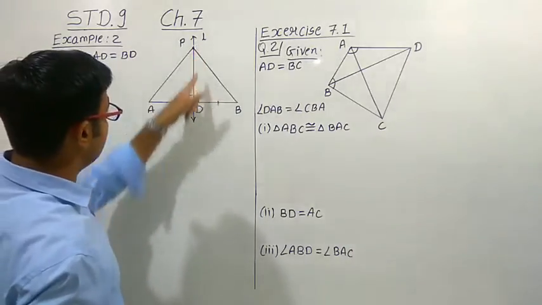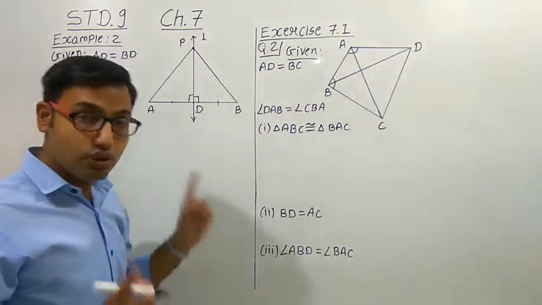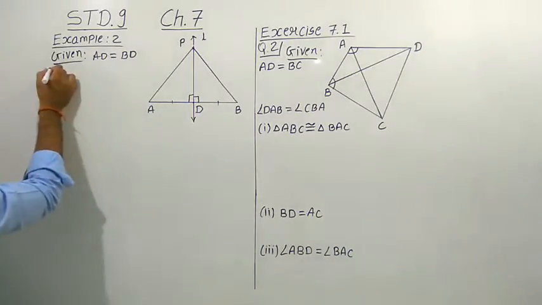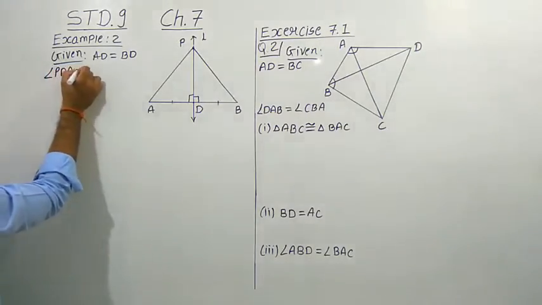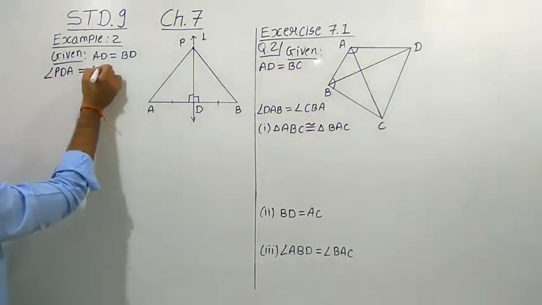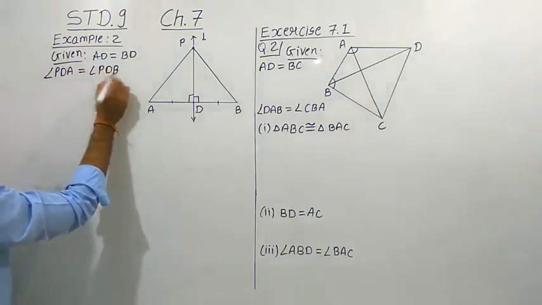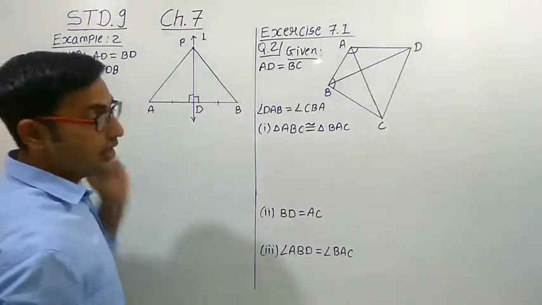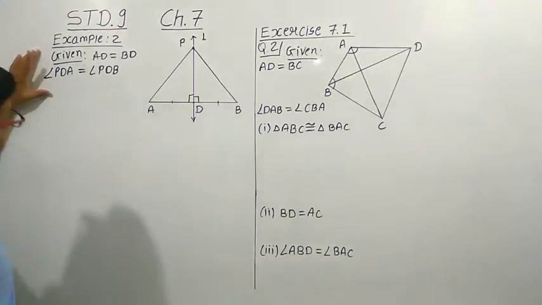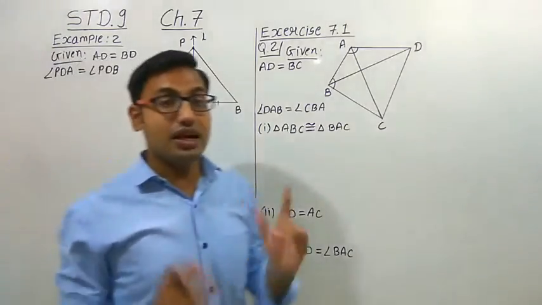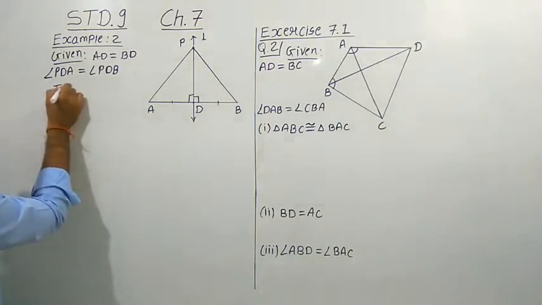Second condition, angle PDA and angle PDB will also become equal, because this is the perpendicular bisector, so this angle will be 90 degrees. These things we have to write down in the given section. Now what do we have to prove?